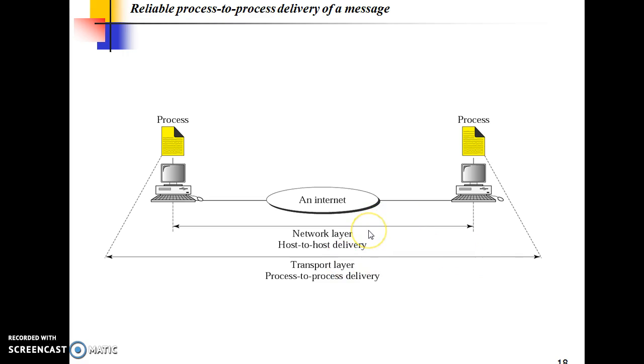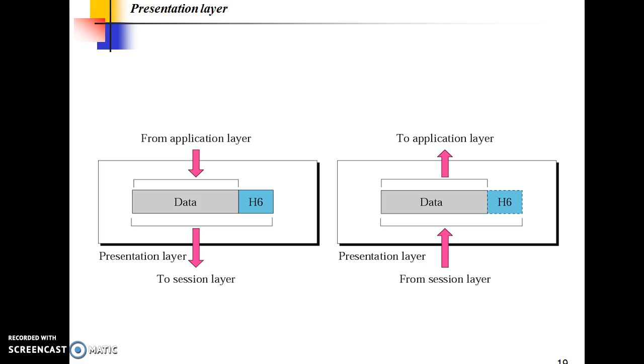The network layer will send the data up to the station, but at any station there will be different processes to be executed. So the data has to reach the particular process. This care is taken by the transport layer. So whatever data is there for a particular process will be given to that process only with the help of the transport layer.